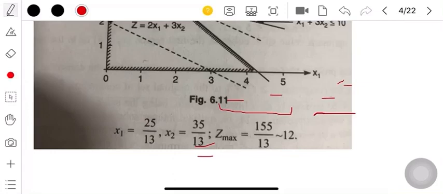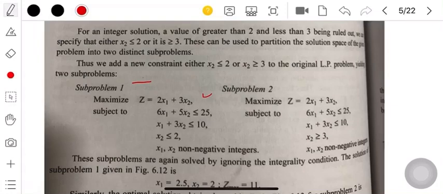So just select any of the values randomly. Here we have selected x2, you can also select x1. So in subproblem 1 we assume that x2 is less than or equal to 2, and in subproblem 2 we assume that x2 is greater than or equal to 3, where x1 and x2 are non-negative integers.